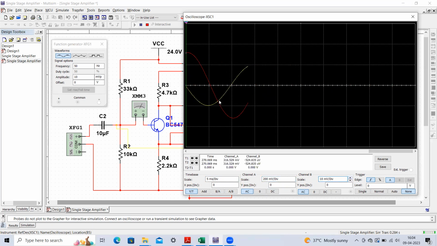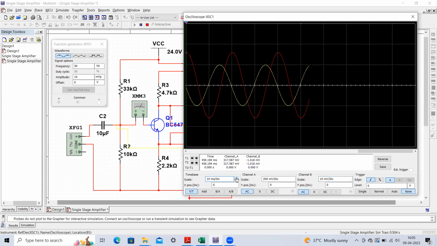So here you can see this yellow line corresponds to the input. This input signal is a sinusoidal wave of 20 millivolt peak to peak, because the voltage sensitivity is 20 millivolt per division, and it is covering two divisions. Therefore this yellow wave, which is the input signal, is 20 millivolt.